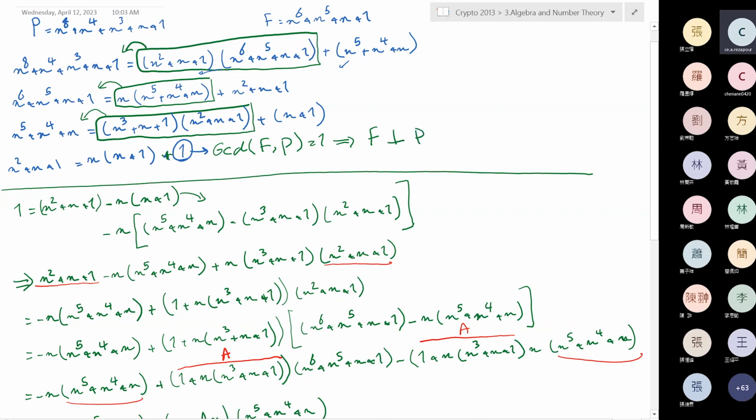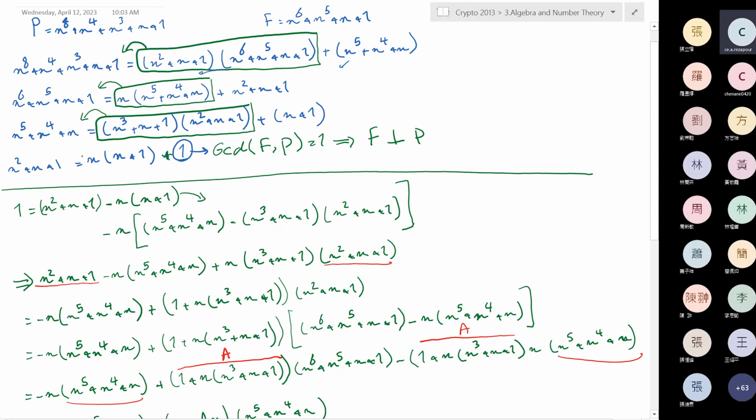So it means that we can find the inverse of f. So how do we find the inverse of f? According to the extended Euclidean algorithm, we have to work from the bottom all the way up. So we said that 1 equals this.